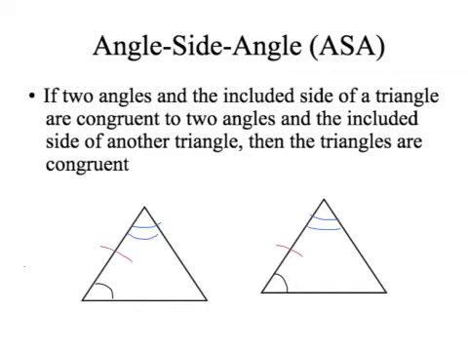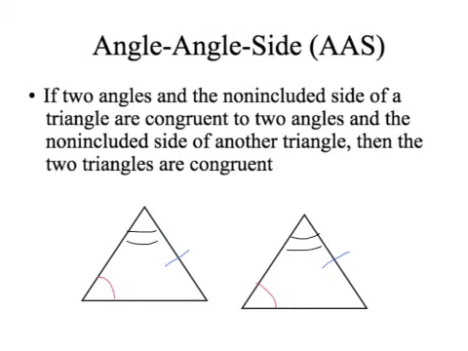So in this case we have 2 angles congruent, so I would put down 2 A's. One A stands for one of the angles, one A stands for the other one. And then I have this third thing marked, which is a side. The side falls in between the 2 angles, so therefore I want to put my S in between the 2 A's, which makes it angle-side-angle.